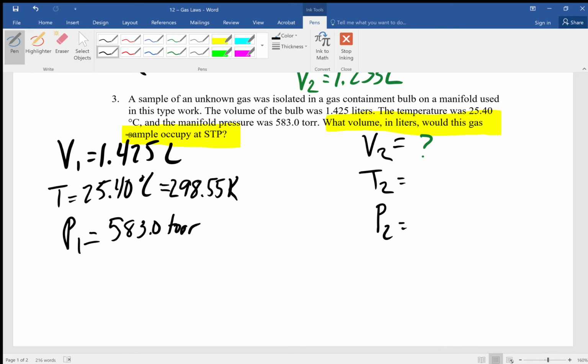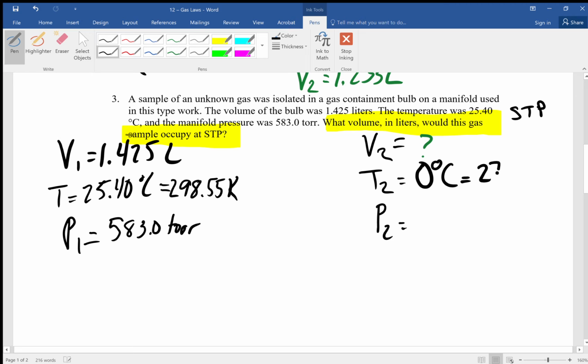So STP means that we are at 0 degrees Celsius, which again will convert to Kelvin, and 1 atmosphere. And that is the definition of STP, standard temperature and pressure.